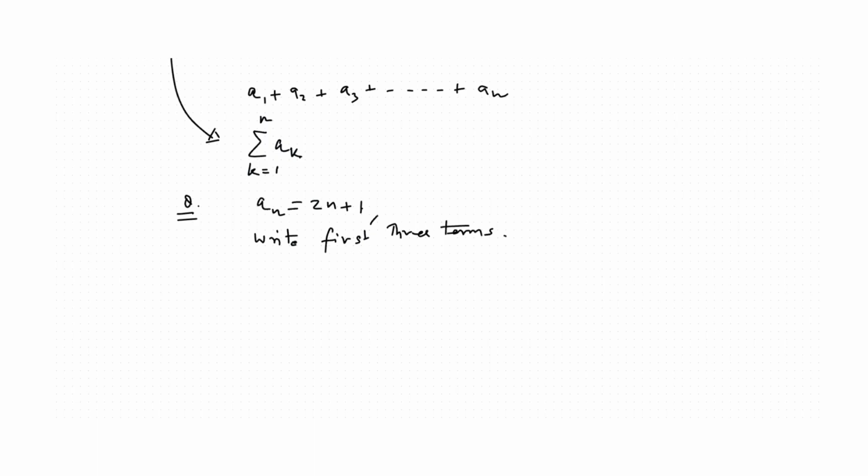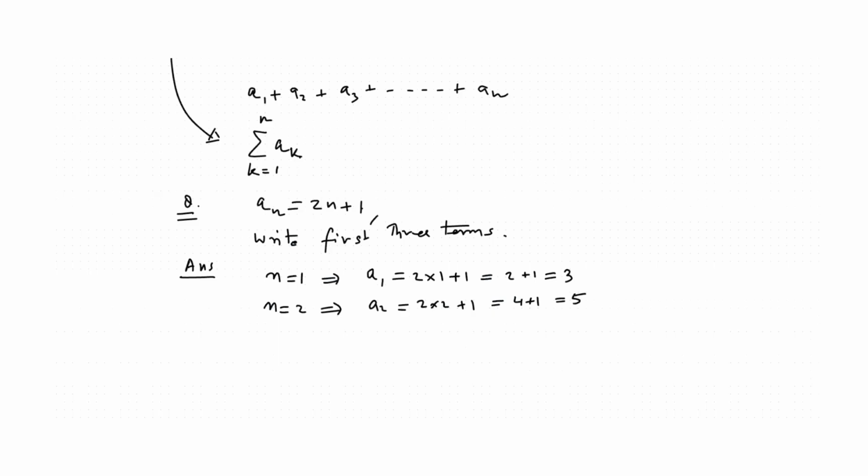So you'll say, okay, let's take n is equal to 1. So what would I get? A1 as, now replace n by 1. So 2 times 1 plus 1, we will get 2 plus 1, or we will say 3. Similarly, if I say n is equal to 2, I would get A2 as 2 times 2 plus 1, or I would say 4 plus 1 as 5.